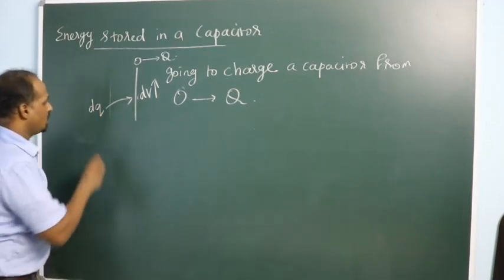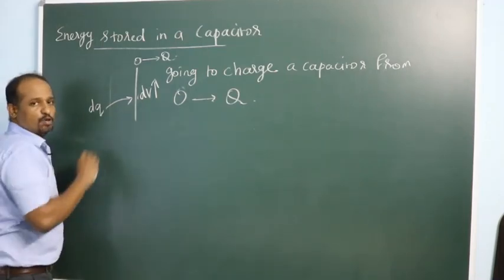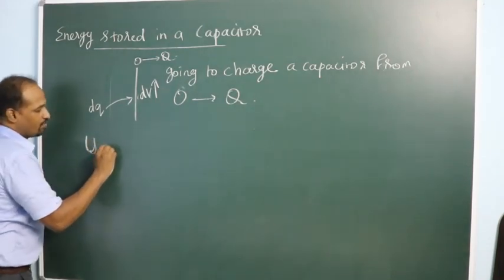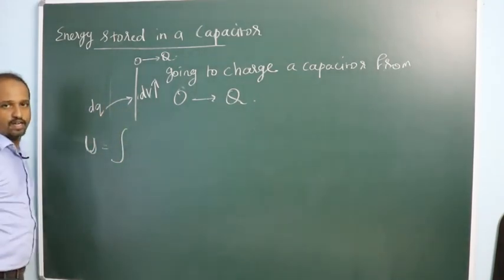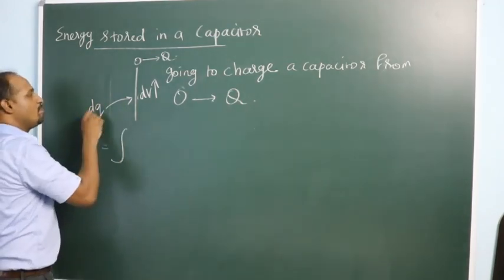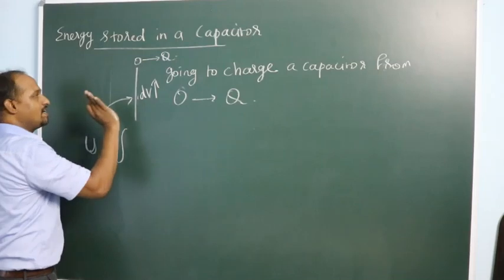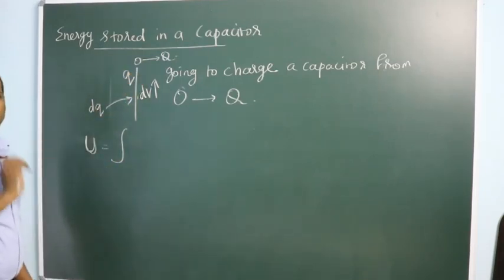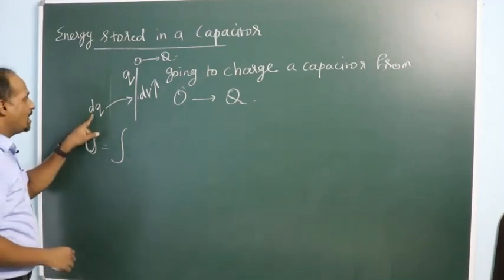For each charge dq, you are doing some amount of work dw. The total energy stored will be equal to the sum of all the work done, because it is the external work done. So when you keep on giving charge, at some point the charge on this capacitor is q, and you need to add dq.